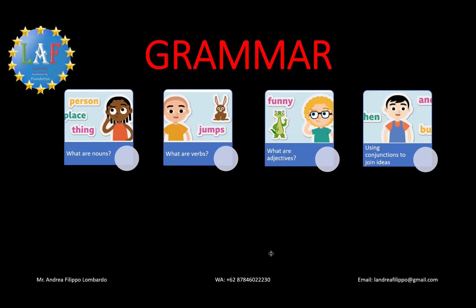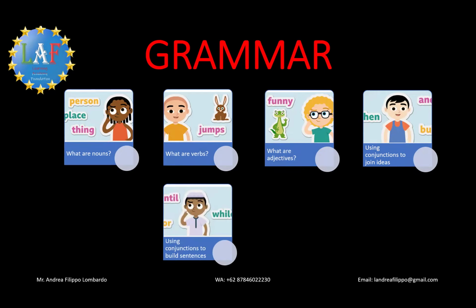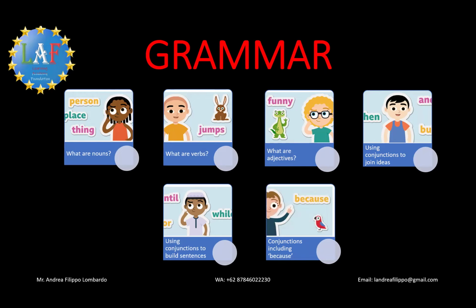And how to use and, because, if, and when to join ideas. The students will practice using some different conjunctions to extend sentences. And they will learn how to write sentences that include the word because.